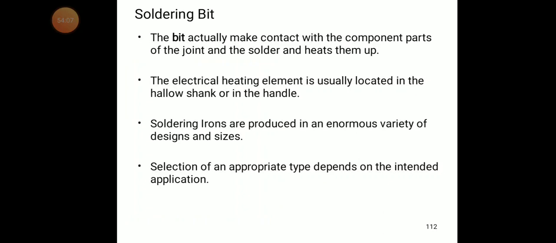The electrical heating element is usually located in the hollow shank or in the handle. Soldering irons are produced in an enormous variety of designs and sizes. Selection of an appropriate type depends on the intended application. The key to the function of the iron is the bit itself.